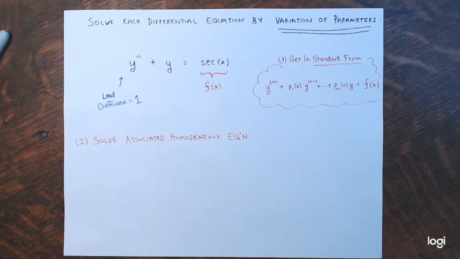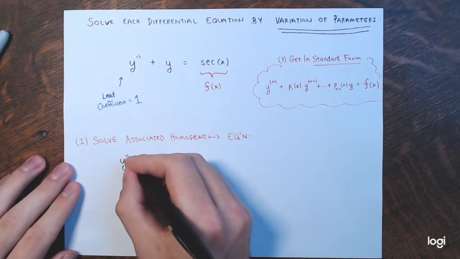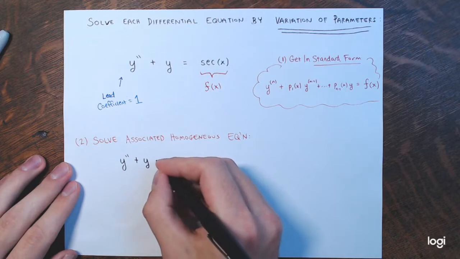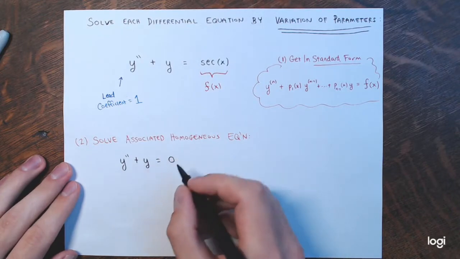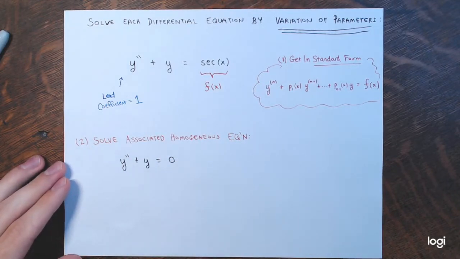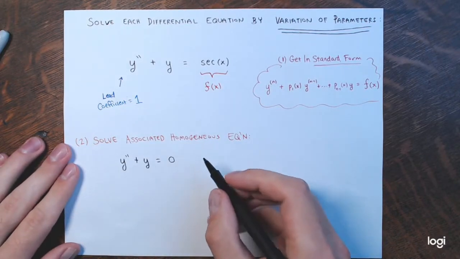And that looks like this, y double prime plus y equals 0, and this is one of those linear homogeneous differential equations with constant coefficients.